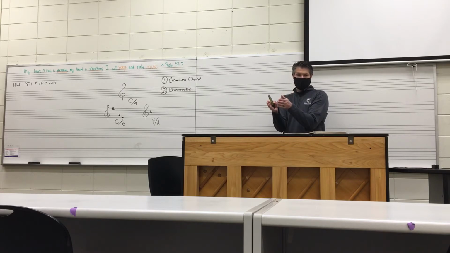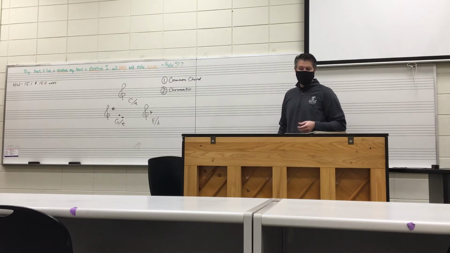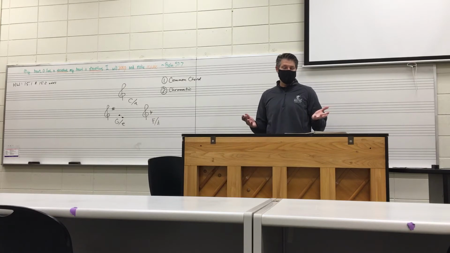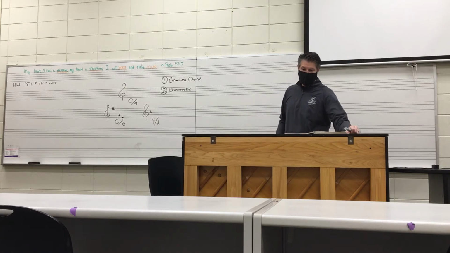Now it feels like a totally different key on the very next beat. There's no sort of gradual modulation. It's just sudden. And this type of music can be very dramatic because it doesn't really set you up for any sort of preparation. It just happens all of a sudden.